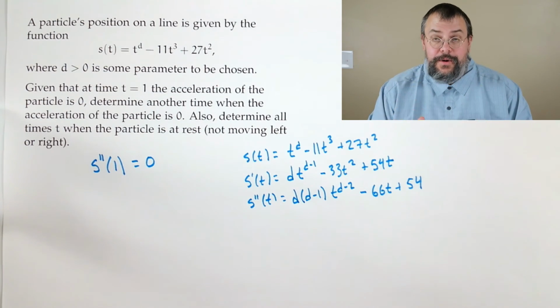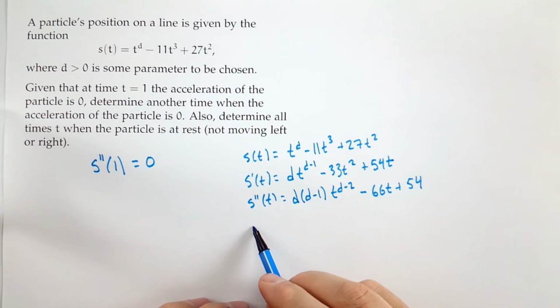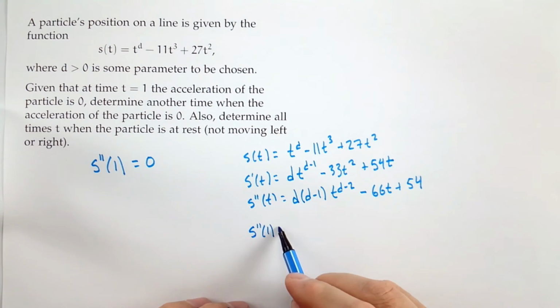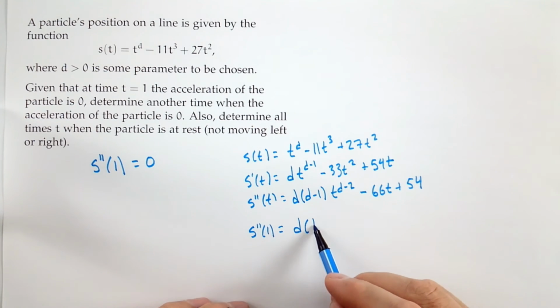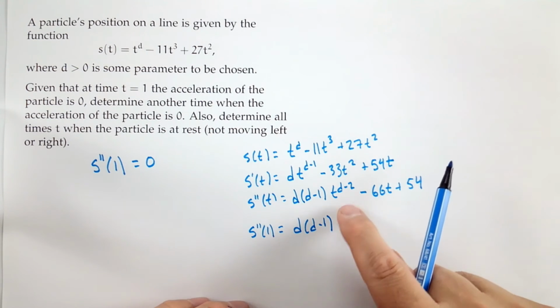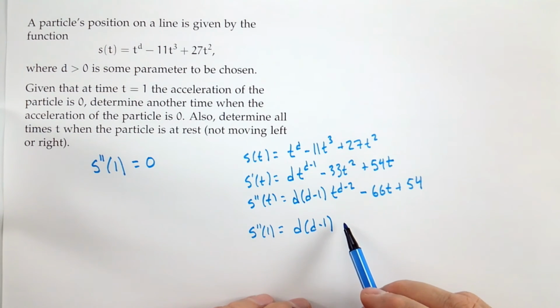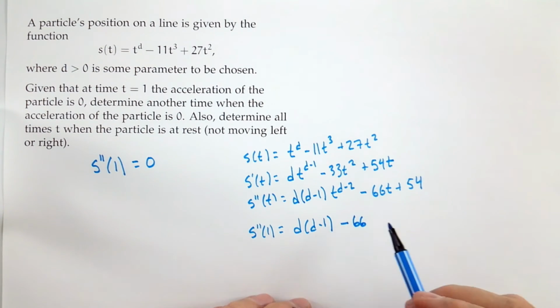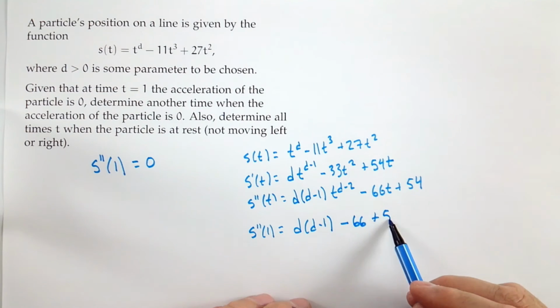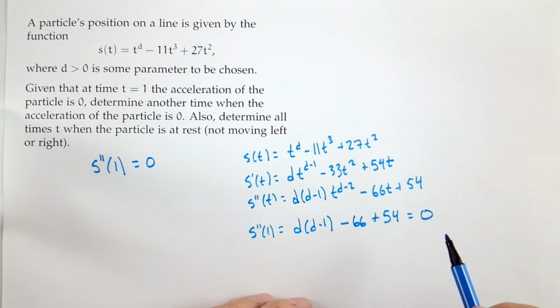And what do we do? Plug in the 1. All right, so s double prime of 1 would be d times d minus 1. And the nice thing about 1 is 1 to any power is 1. So d times d minus 1 minus 66 plus 54. That has to equal 0.